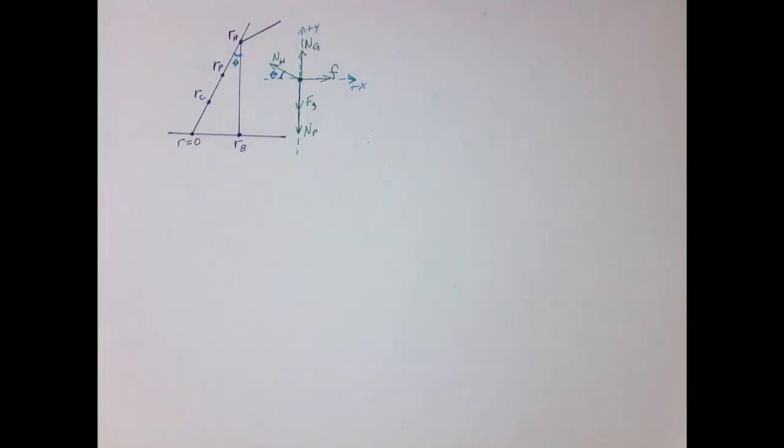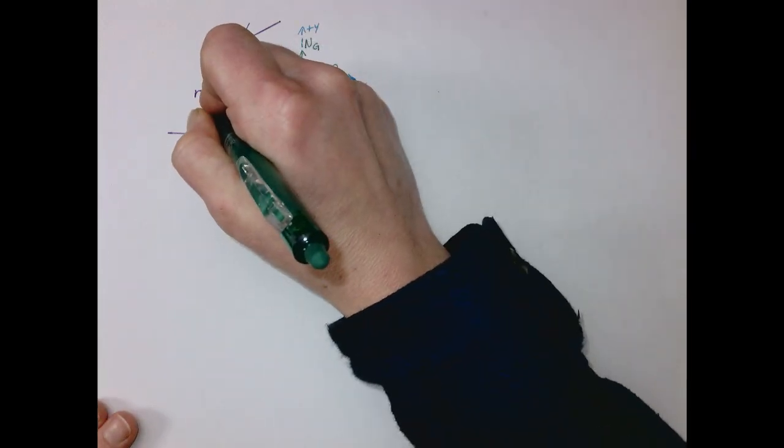The free body diagram only tells part of the story in this case. We need to know about torque applied to the ladder, so we'll need to know the locations that those forces are applied to the ladder. So we'll draw those in our sketch as well. The force due to gravity acts downward at the center of mass.